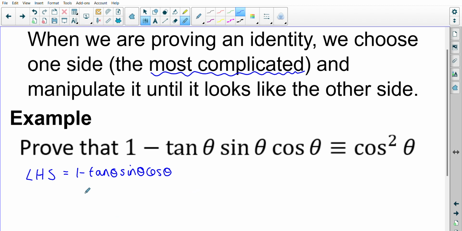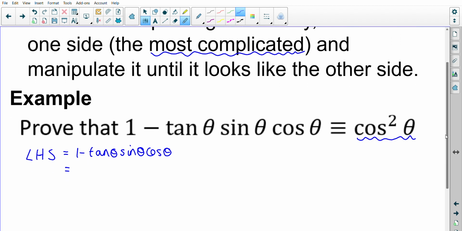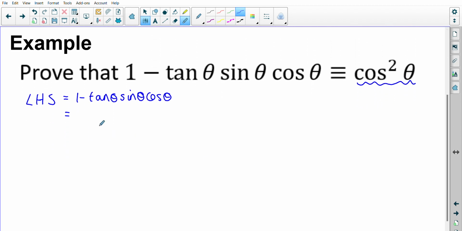Now I'm going to manipulate this as much as I can, and I'm hoping to get to cos squared theta. I want to aim for that. So first thing I'm thinking of is that this is an identity. So tan theta is sine theta over cos theta. You can write it down at the side what we're using.